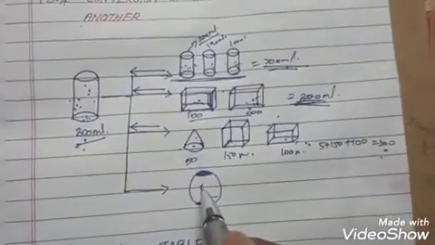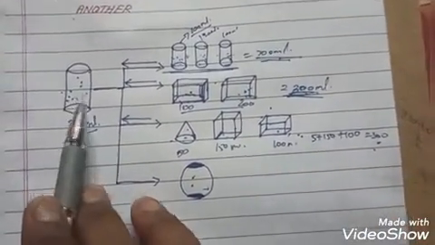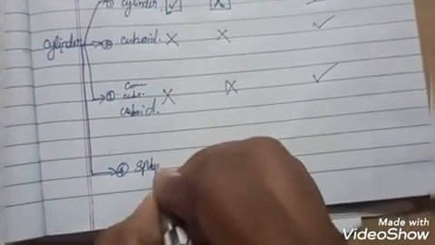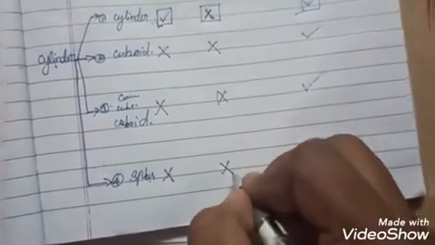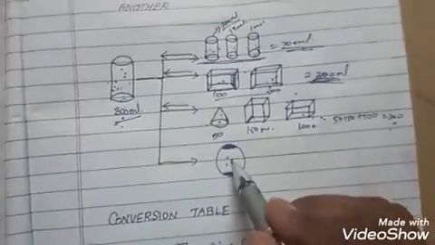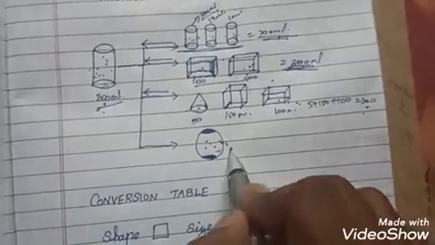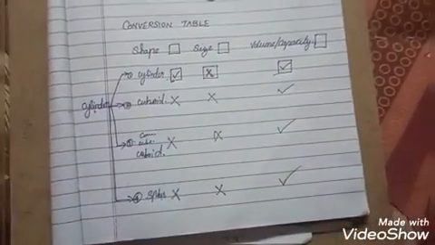Okay, and another one: this is one cylinder, this is one sphere. So when the solid is converted into a sphere, the shape is different and the size is different, but the quantity is equal to 300 ml, in the sense of volume. So you can see the volume always remains the same.